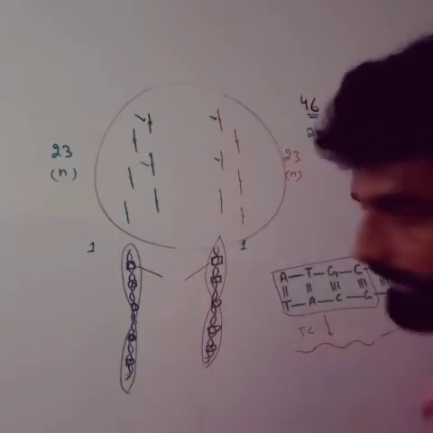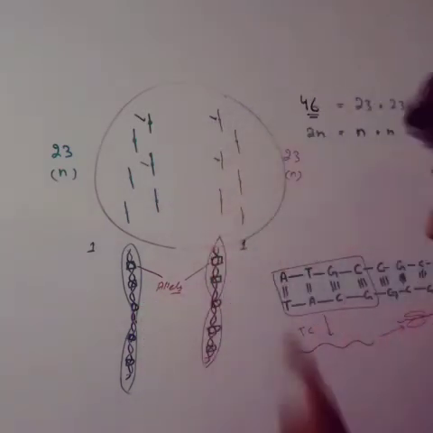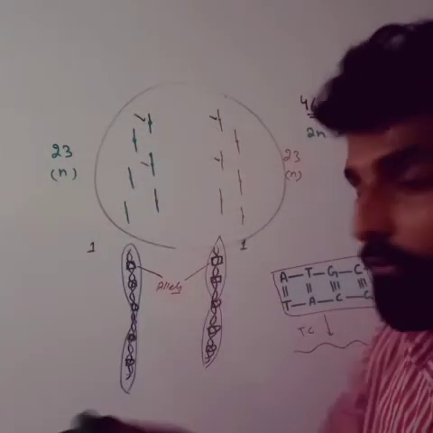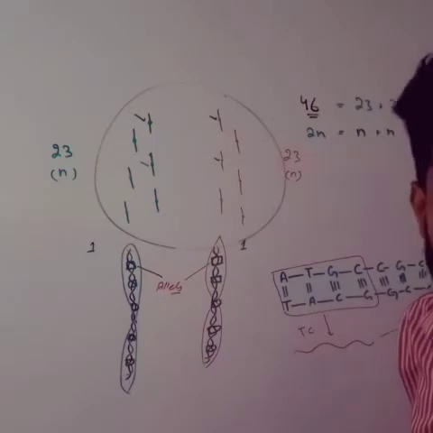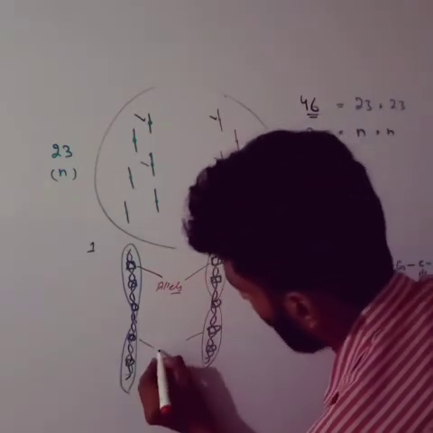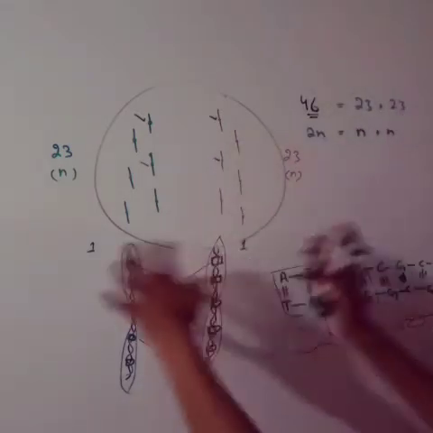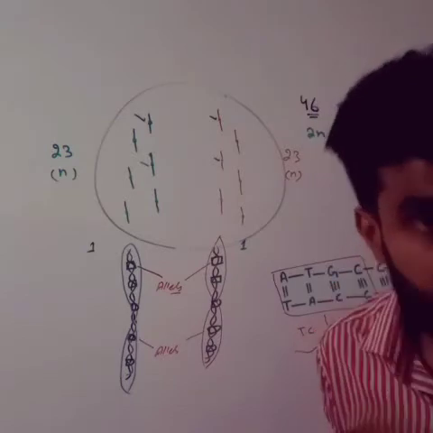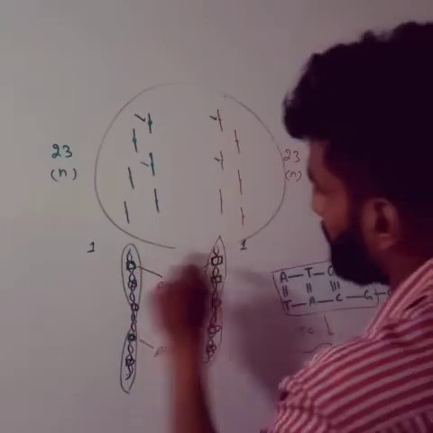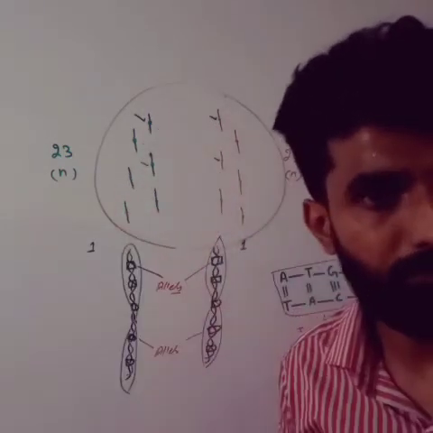Similarly, these genes present on the same locus are called alleles, and all these genes present on the same locus will be called alleles of each other. Clear?